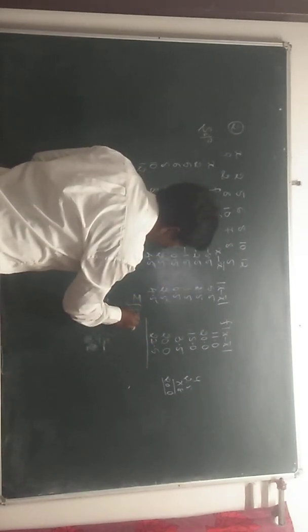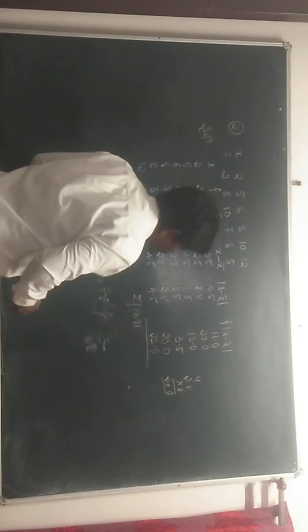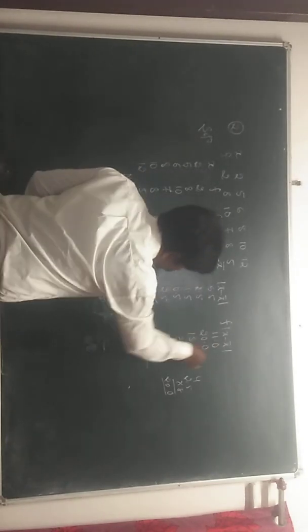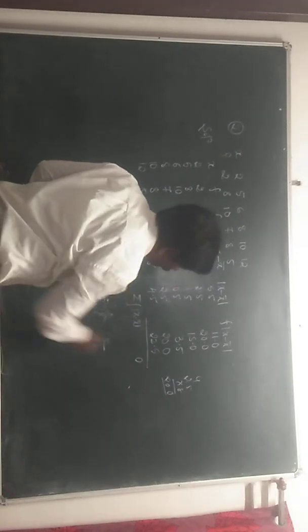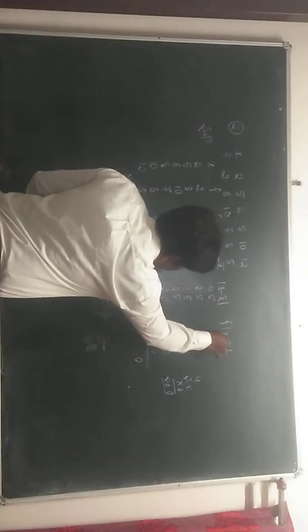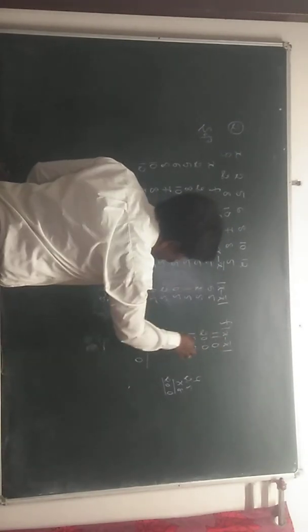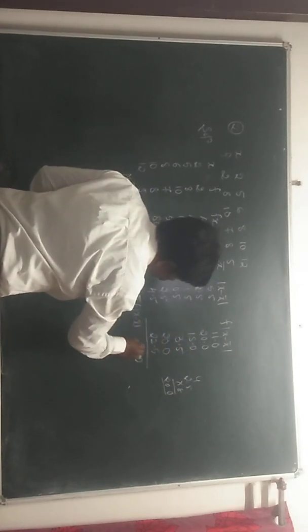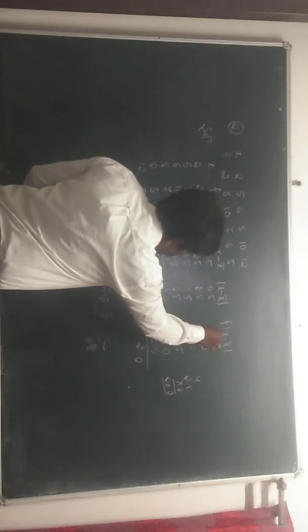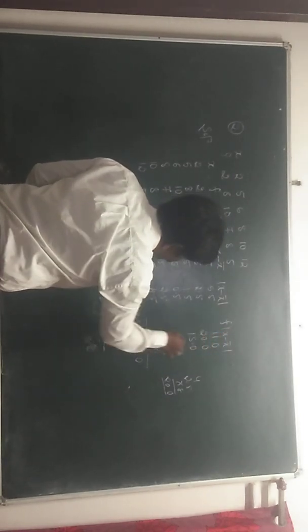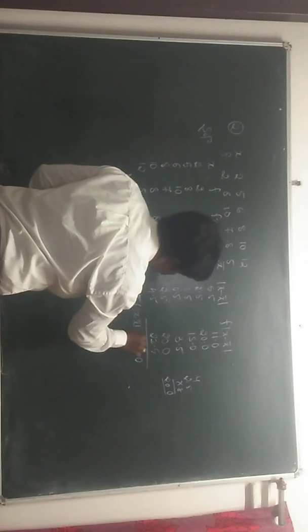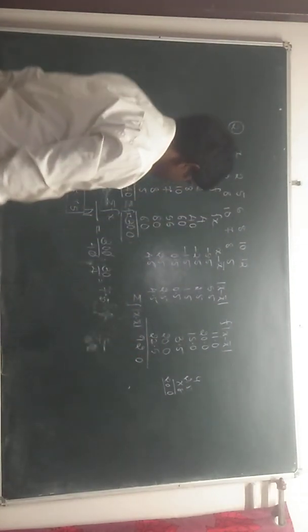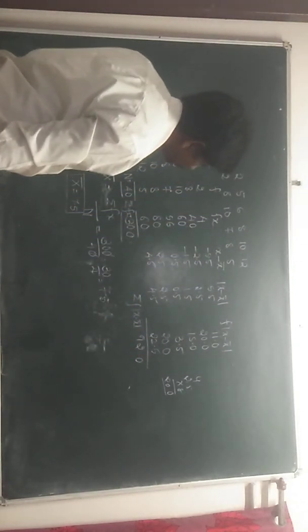Summation f of absolute values x minus x bar. So here if I add this, 5 plus 5 is 10. So I'll carry 1 here. 2 plus 5, 7, 7 plus 3, 10, 10 plus 2, 12, 12 plus 1, 2, 3, 4, 5, 6, 7, 8, 9. So 92, 92 totally.